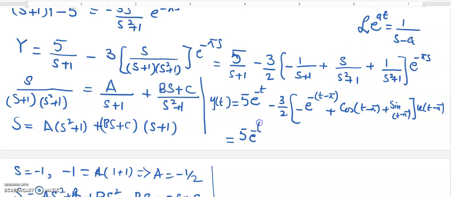So 5 e power minus t, and then I can take this minus sign inside, so it will be 3 by 2 e power minus (t minus pi), and this will be minus plus minus, but we know that cosine of (t minus pi) is minus cosine of t. So it is minus cosine of t, then minus sign, so it will be plus cosine of t.